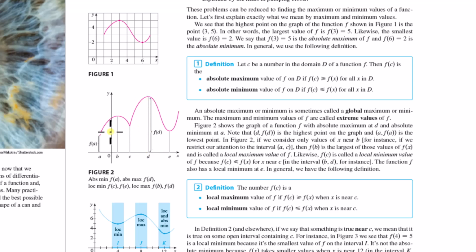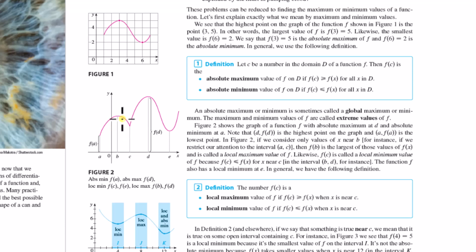But then they also point out that we can think about the idea of local maximums or minimums. For example, at b here, this is a local maximum because the value of the function is max within some interval around b. You know, like from a to c, this f(b) is the maximum value.